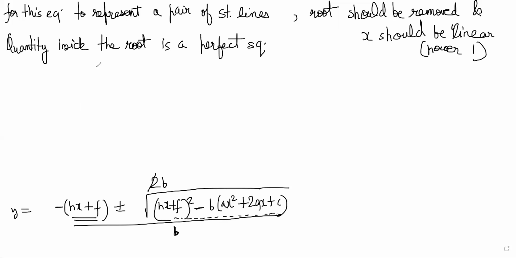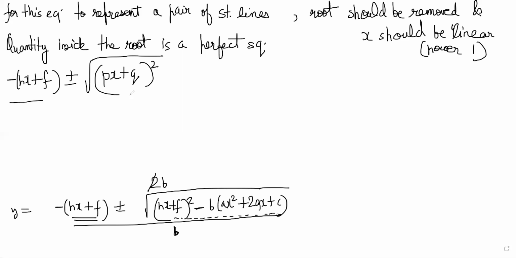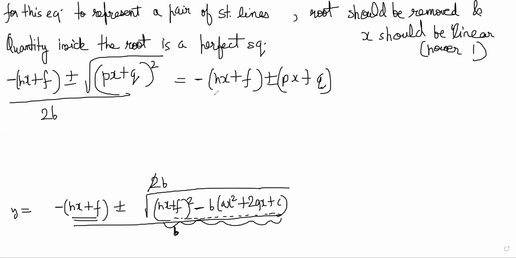If the quantity inside the root is some px plus q whole square, then when you put it under the root like this, minus hx plus f plus minus this by 2b or something, I would just solve it like this: minus hx plus f plus minus px plus q, by b. And then you get two separate equations, which are the equations of your two lines which make up that pair, right?